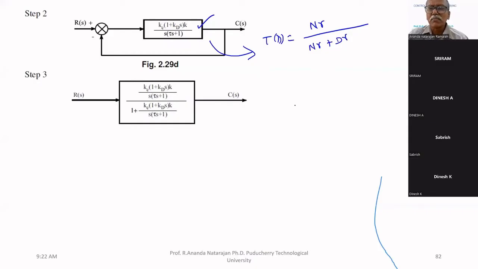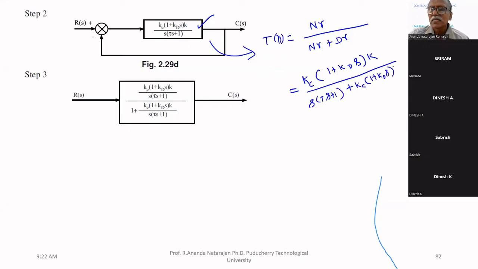That is equal to KC times 1 plus KDS multiplied by K upon S times tau S plus 1 plus KC times 1 plus KD S times K. That's all. This is the closed loop transfer function.